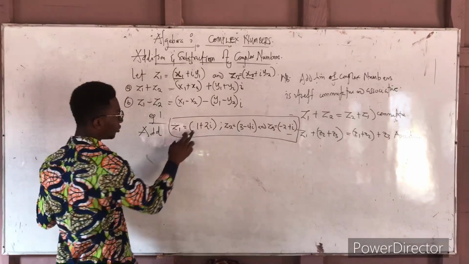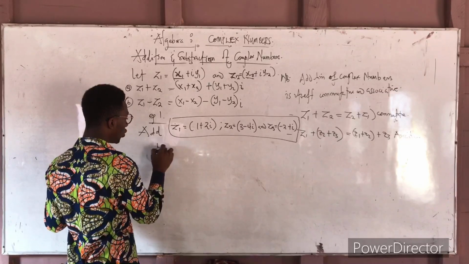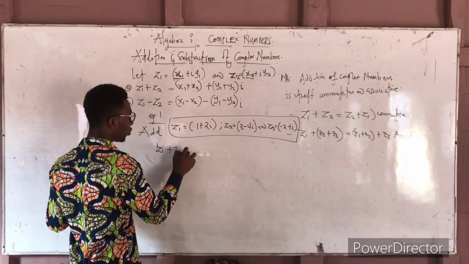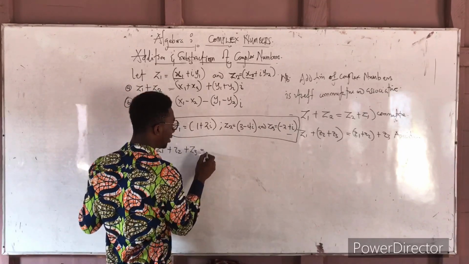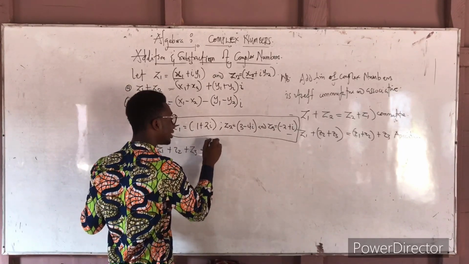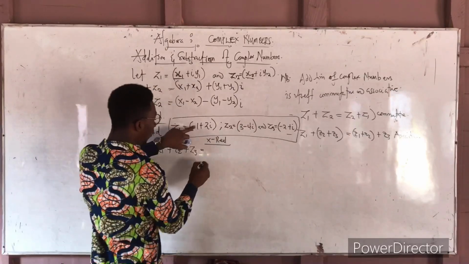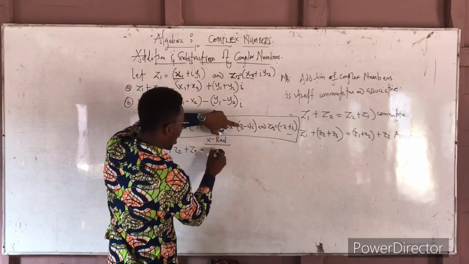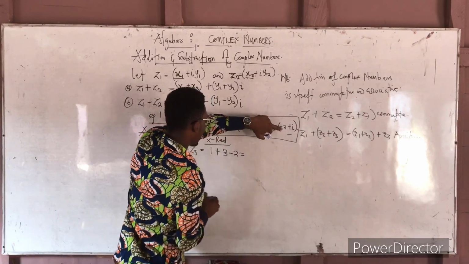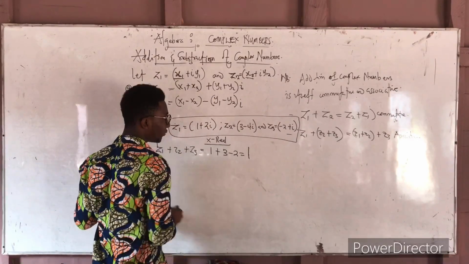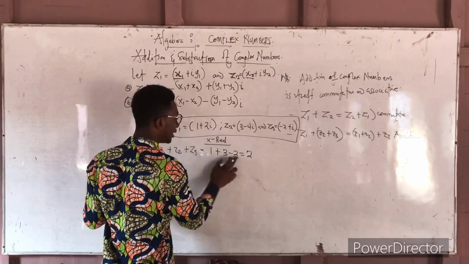So z1 plus z2 plus z3 is equal to, adding the real part first, 1 plus 3 minus 2, which gives us 2. This is the real part.